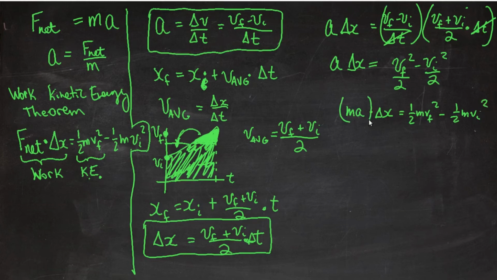And do you remember what we call ma? That's just F net. So anytime I have a net force, if that net force acts for some distance, some displacement delta x, multiplying this force times this displacement, and more technically it's a kind of vector multiplication that we'll talk about another time, that is going to give me the change in this quantity, 1/2 mv squared.